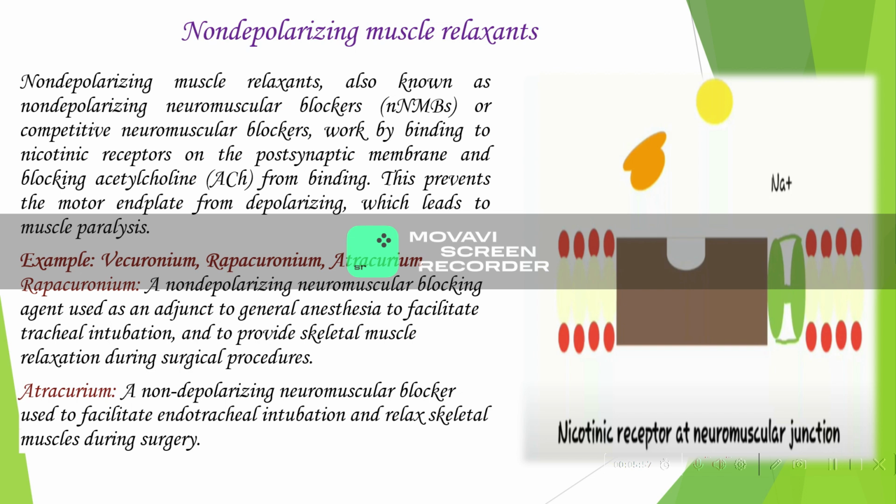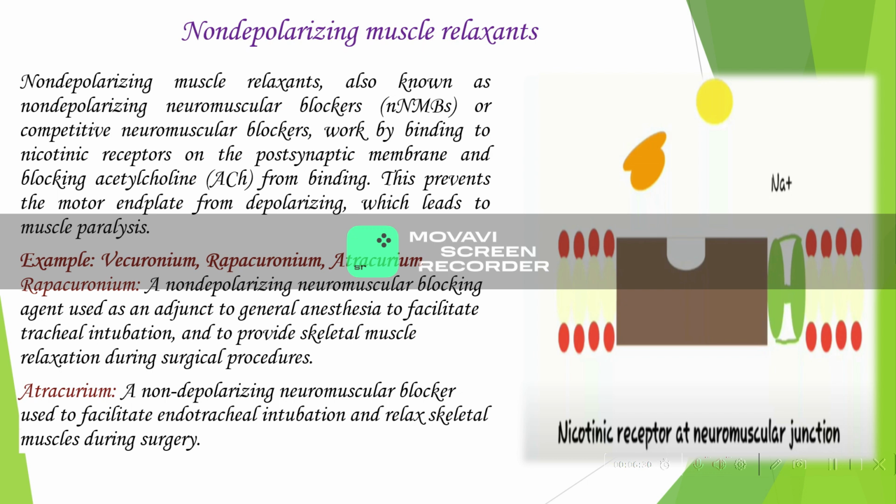This prevents the motor end plate from depolarizing, which leads to muscle paralysis. The non-depolarizing neuromuscular blocking agent is used as an adjunct to general anesthesia to facilitate tracheal intubation and provide skeletal muscle relaxation during the surgical period.